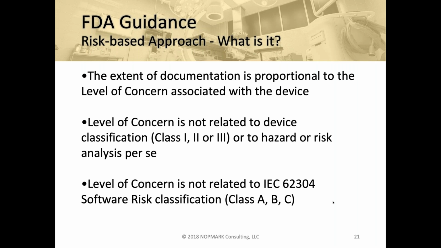That classification that FDA has as level of concern is not related to the 62304 classification. Those are two different things. And to make it even more confusing, you also have a device classification. Different devices fall within different classes, 1, 2, or 3.